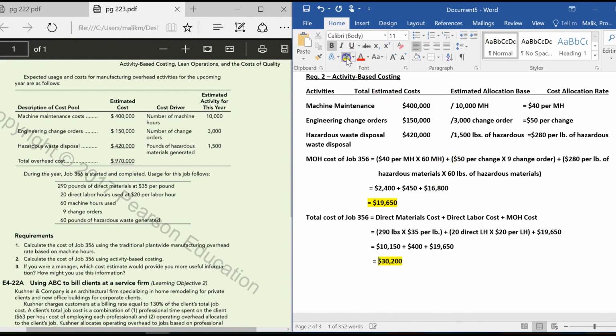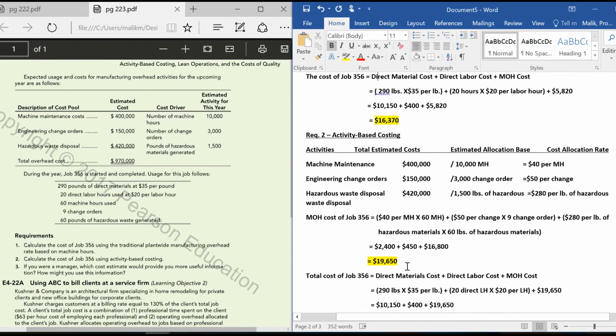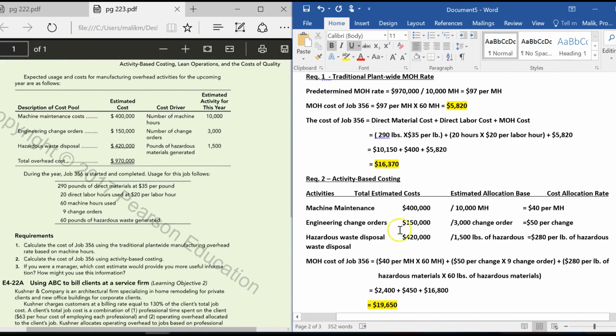When you have used the activity-based costing, the cost is $30,200. But on the other hand, when we use the plant-wide rate, one rate for our manufacturing part, the cost was $16,370. So requirement number 3 is asking which method will give you more useful information.